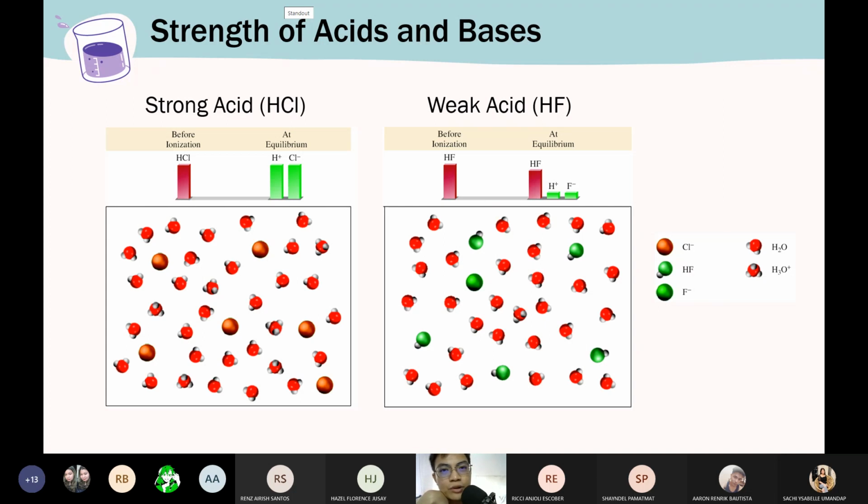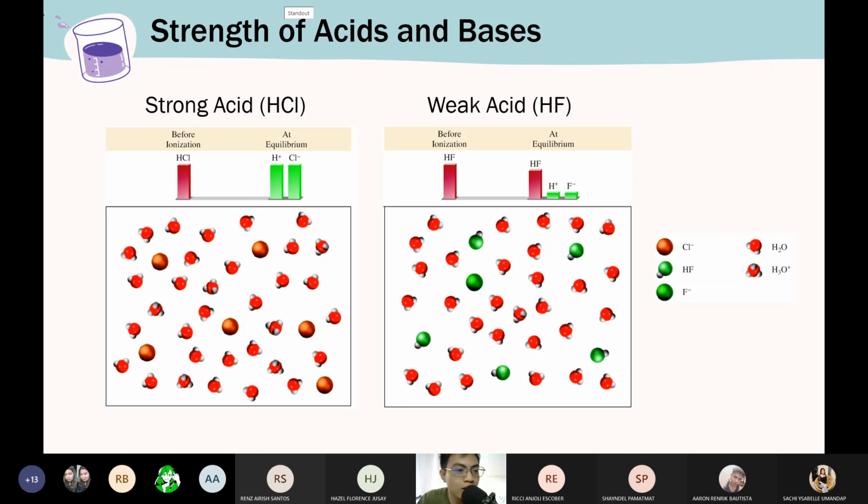And this will be very important. Why? Because when doing calculations, let's say you want to solve for the concentration or the pH of the solution, for a strong acid the pH can be easily determined. You can just use stoichiometry.